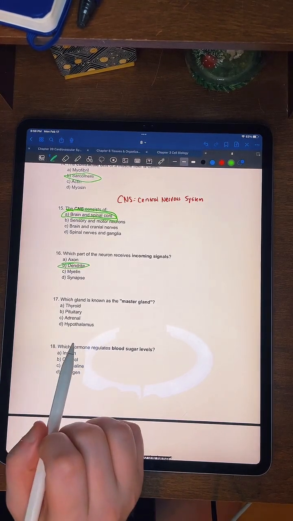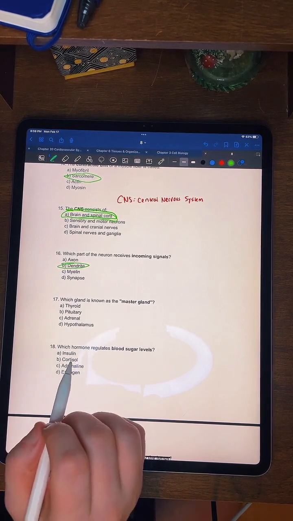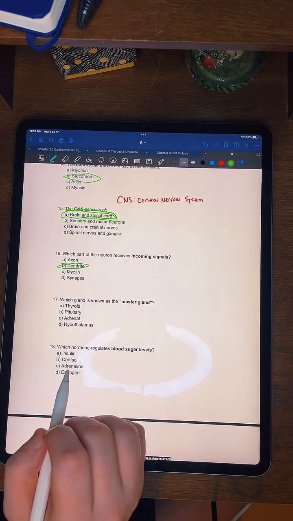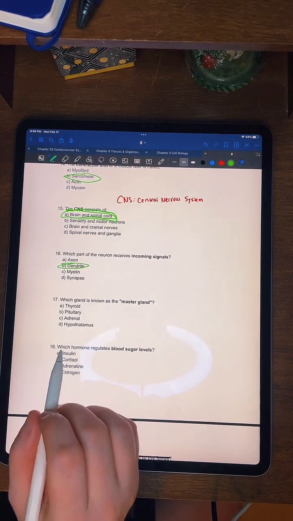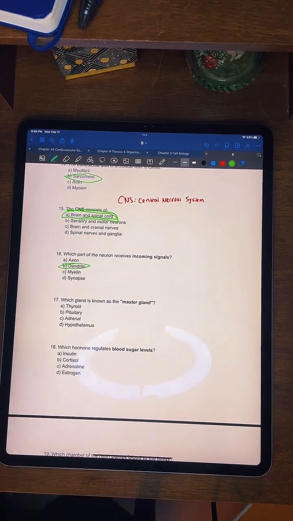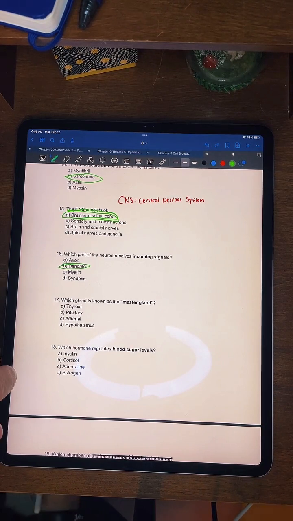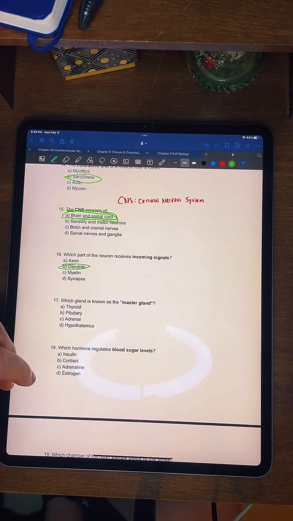Which gland is known as the master gland? We have the thyroid, the pituitary, the adrenal, and the hypothalamus. This sometimes can be tricky depending on how you look at it. Let's give it a couple more seconds here while you guys answer.